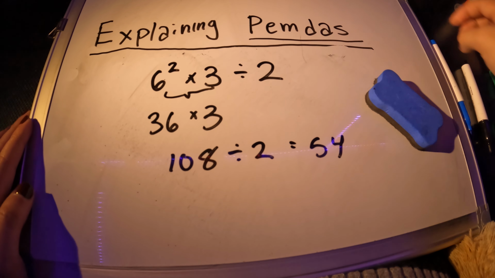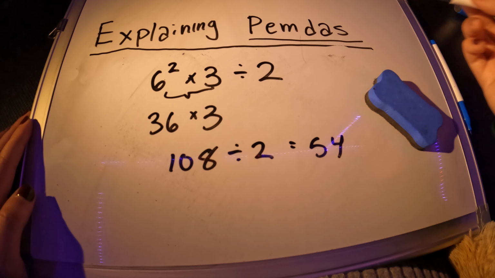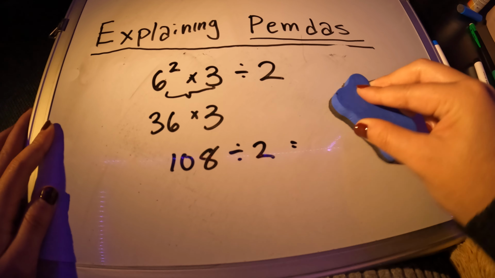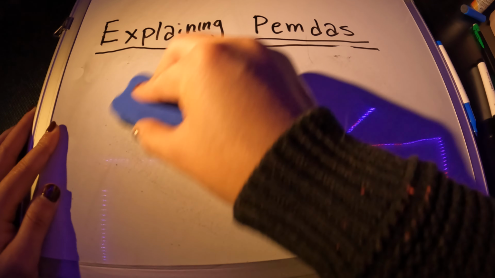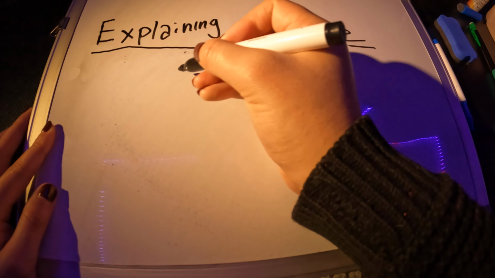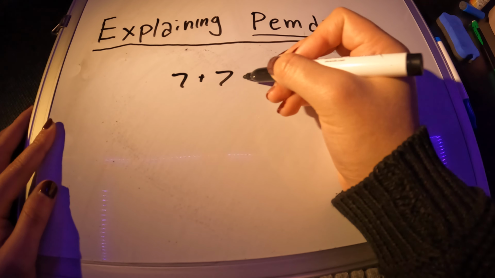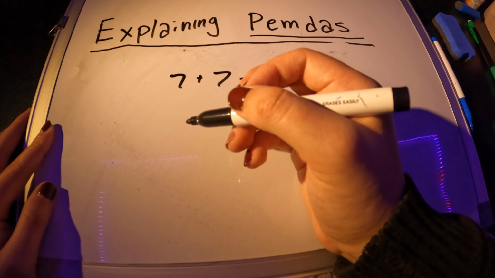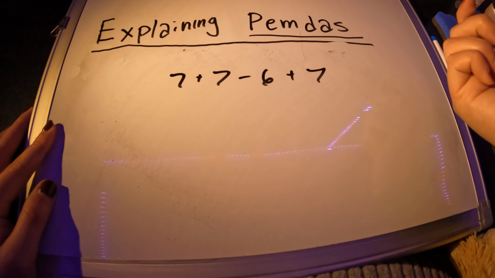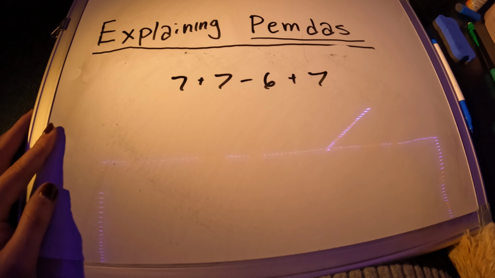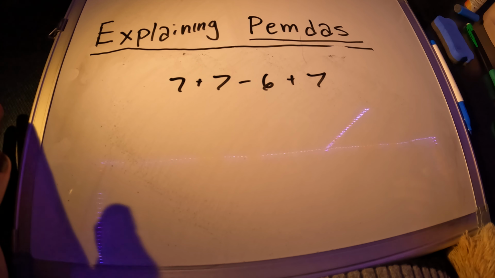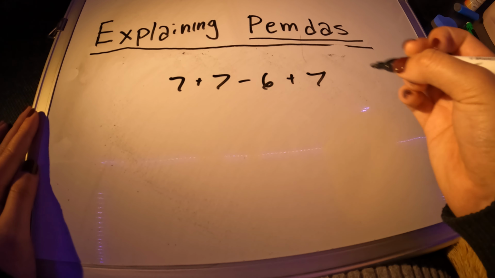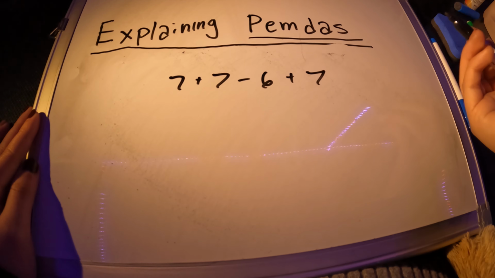So if you have something like an exponent, you do that first, and then with your multiplication, division, addition and subtraction, you do those in order, going left to right. It'd be the same if you had 7 plus 7 minus 6 plus 7. Addition and subtraction, as well as multiplication and division, are kind of opposite pairs, so I don't think it particularly matters what order you did it in.